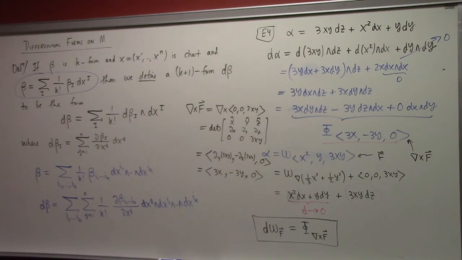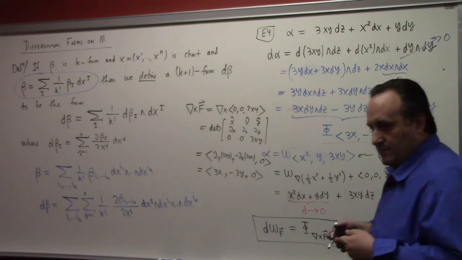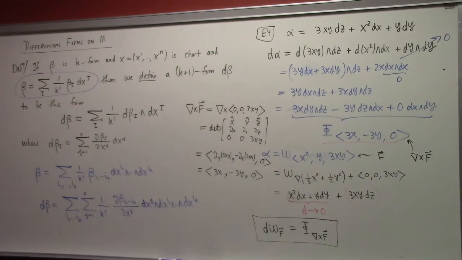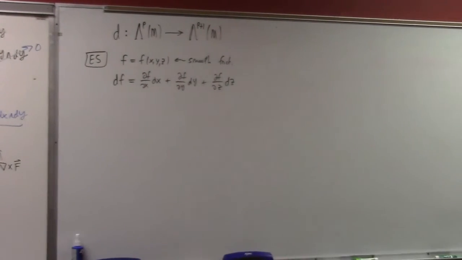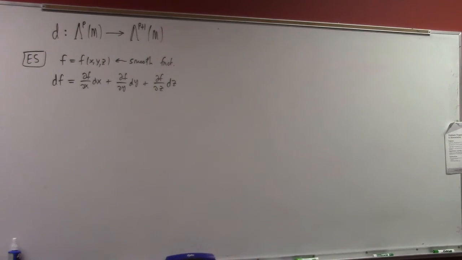What is that in terms of the work form, the work flux form correspondence? Let me say the question a little bit more precisely. That's the work form of what vector field?